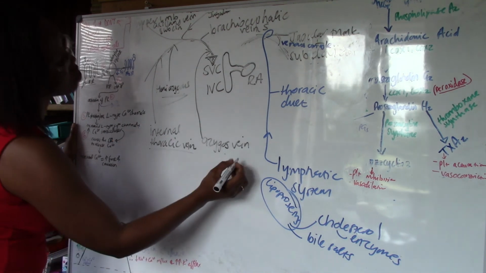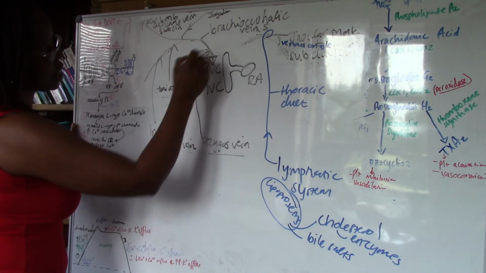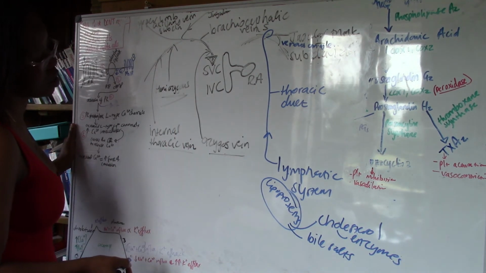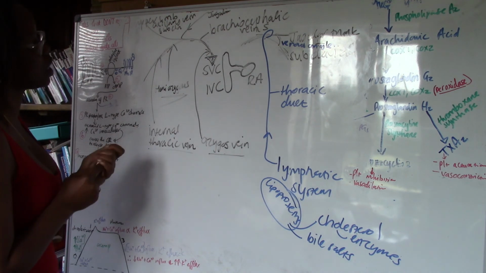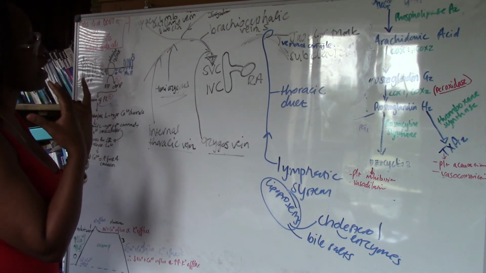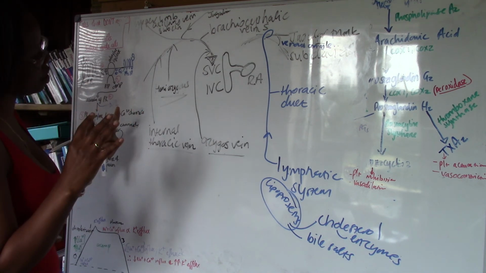However, the azygos vein will itself drain directly into the SVC. So now we have collected blood that we gave off to the upper limb and the head and neck and the internal thoracic cavity.